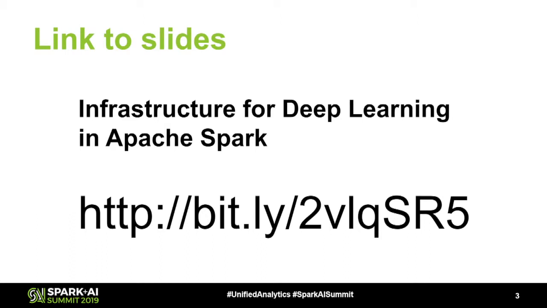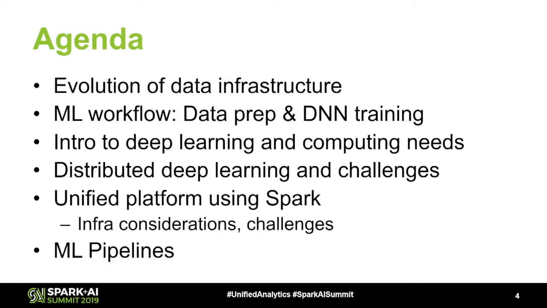Okay. Now, this is how we're going to look at the agenda. We're going to start off with the Spark community, and in fact this is my first time at the Spark AI Summit, but we've been following some other related big data conferences for a while. If you look at a lot of the sharings from many of the companies, whether it's a startup or Fortune 500 companies, or even at Microsoft, we've seen this evolution of people starting off with a data or big data infrastructure.